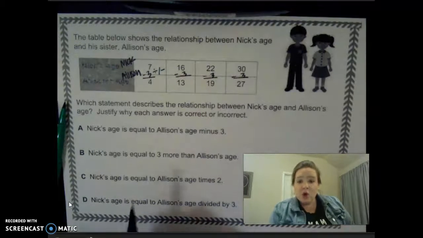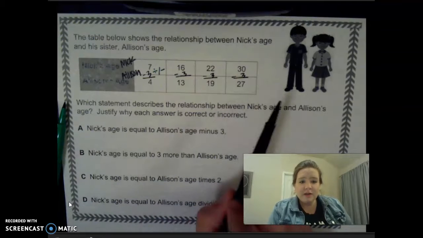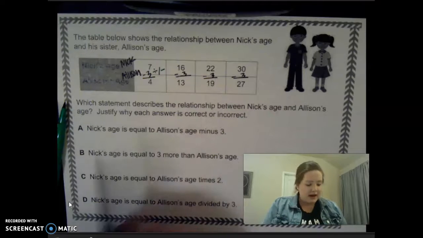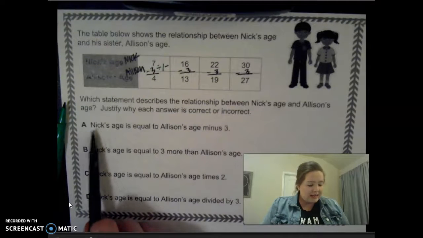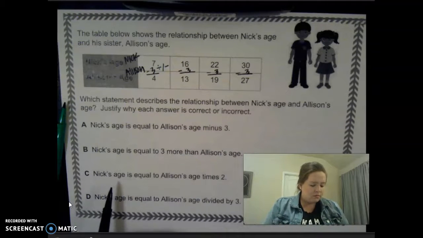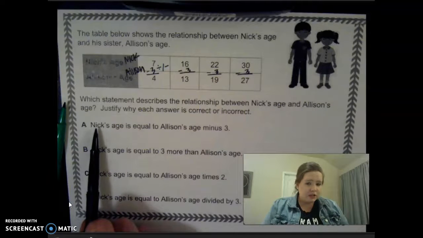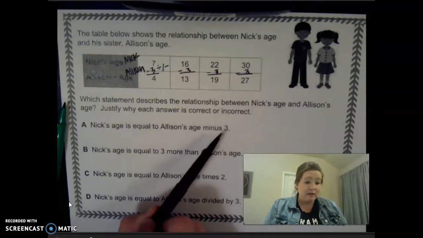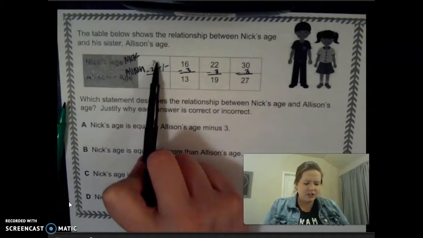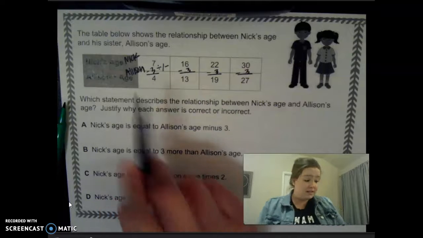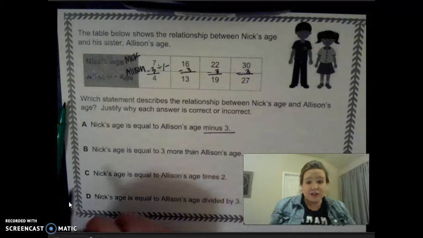Which statement describes the relationship between Nick's age and Allison's age? Justify why each answer is correct or incorrect. Nick's age is equal to Allison's age minus 3. Let's think about that. Does it say minus 3? It sure does.